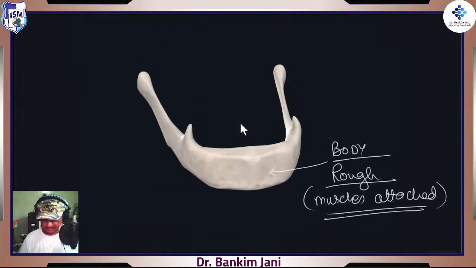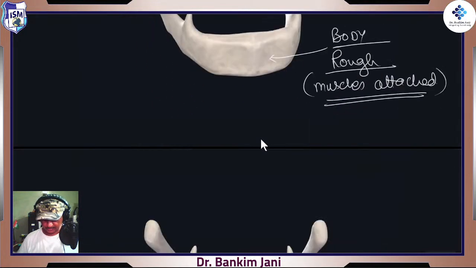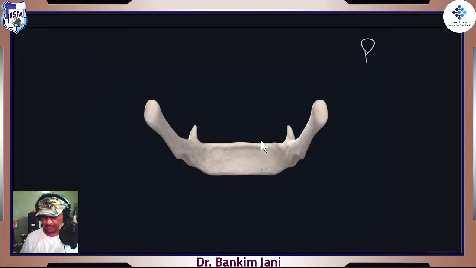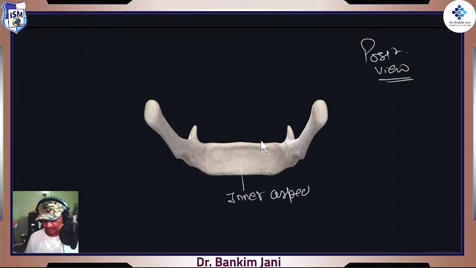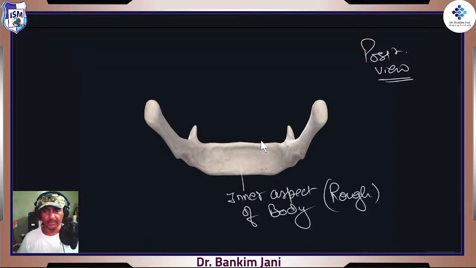So that's the anterior view. This is the anterior view. And this one would be the posterior view. So this is the inner aspect of the body. Even that is rough. Same reason, there would be so many muscles. Beyond doubt, so many muscles would be appearing over there.